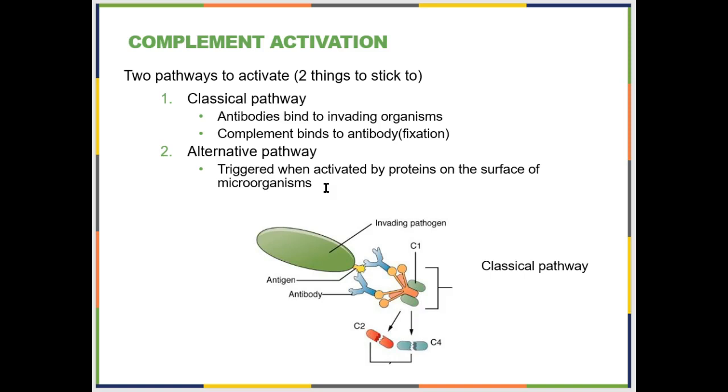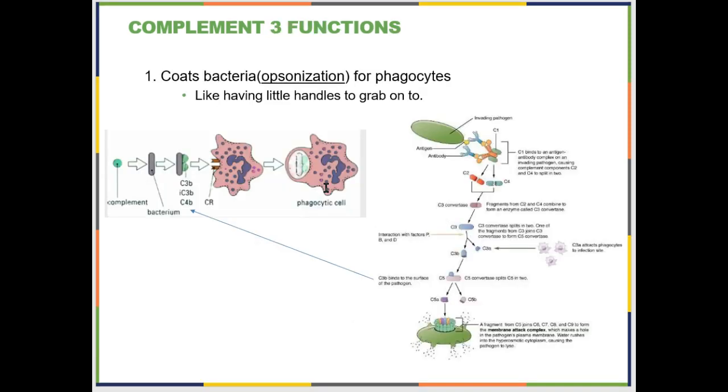So complement can be activated by antibodies stuck to a bacterium, or complement can sometimes stick to the bacterial proteins themselves and become active. Then, once that happens, from this line here down, this cascade of chemical reactions or enzymatic interactions proceeds very rapidly once the complement is activated.